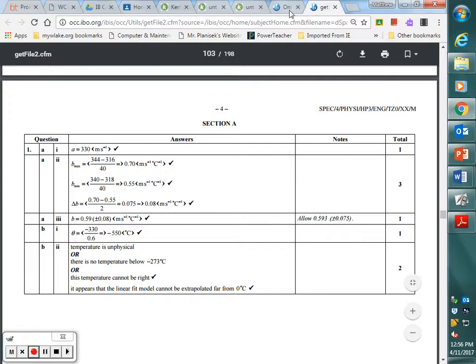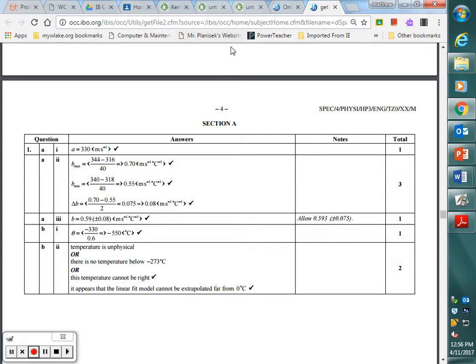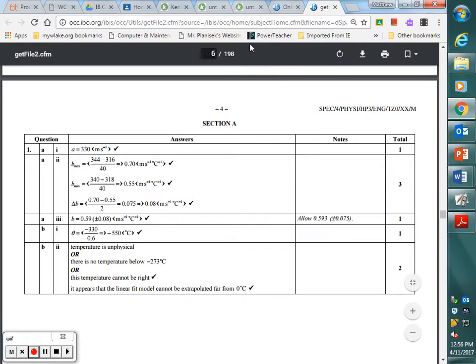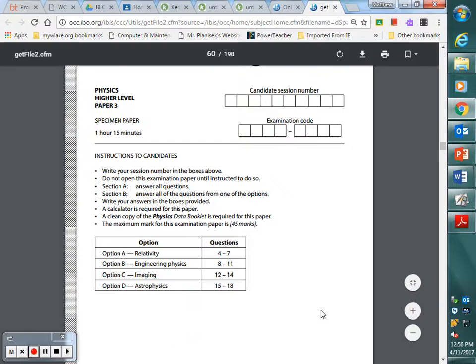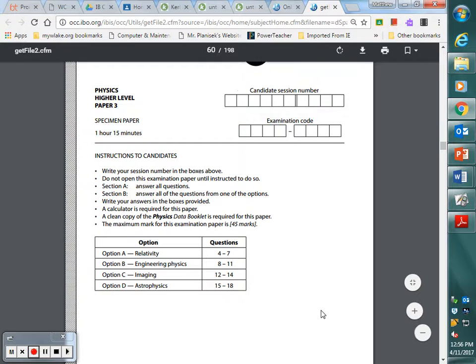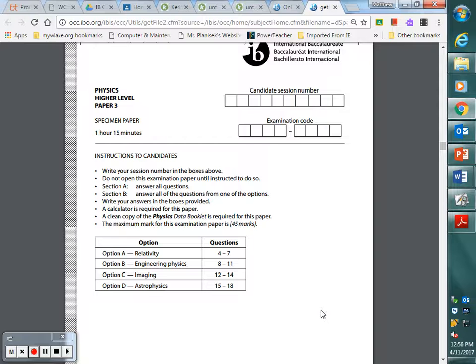So here's the beginning of sample paper 3. Like it says on the front, there are 2 sections to paper 3. Section A, answer all questions. That's going to be your uncertainty questions, okay? Section B, answer all of the questions from one of the options.